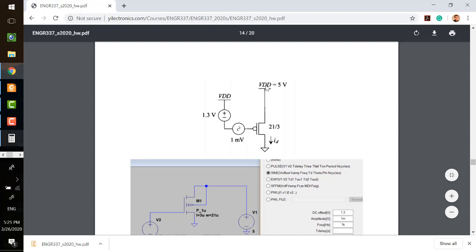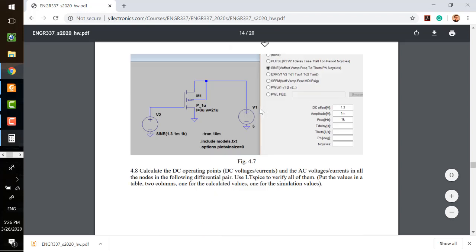So the VDDs are being shorted together, and so that's VS, that's VG, right? So it's going to be VSG, which is 1.3 volts. And you're going to use this one for the PMOS. And the rest of everything is pretty similar. Just go ahead and do it.